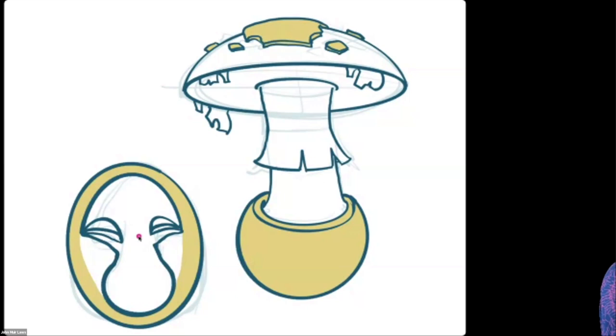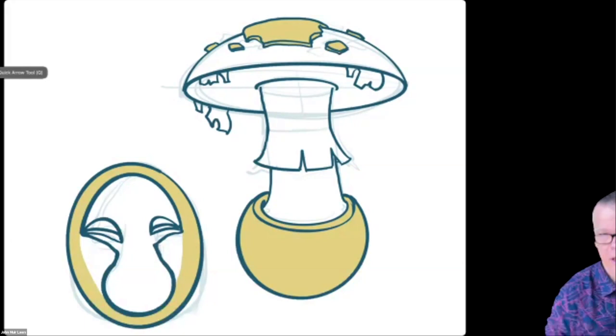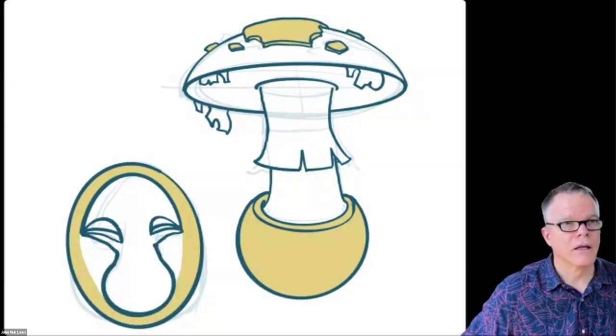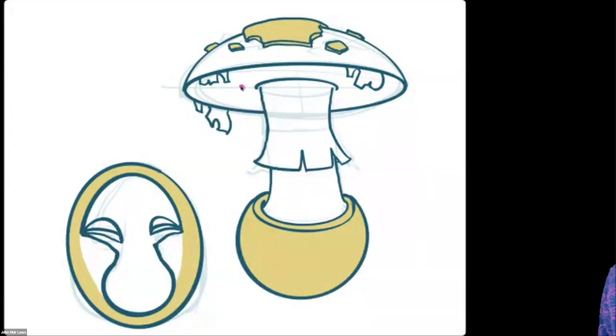Yeah, for some reason this is not working the way that it normally does. Well, actually, let me see if, huh. There, I see it. There we go. That's better.